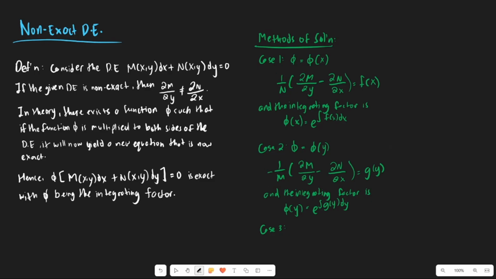In order to choose which of the two cases you are going to use, you will have to inspect whether the M or N under the differential equation can cancel out anything when multiplied to the given partial of M with respect to y minus partial of N with respect to x.